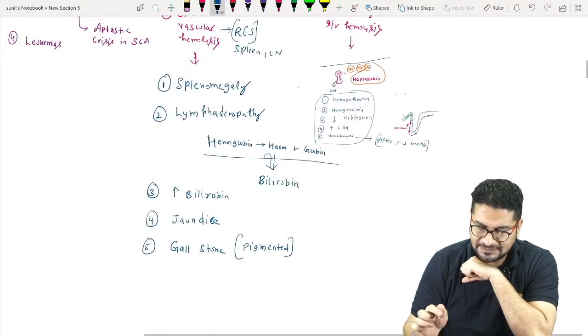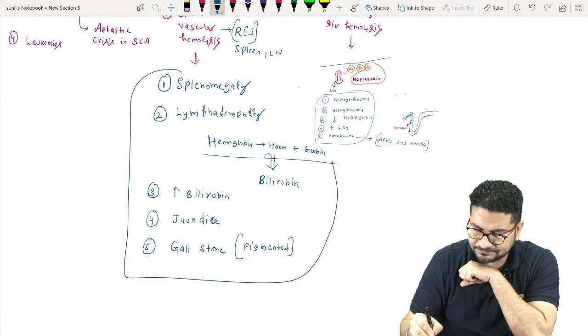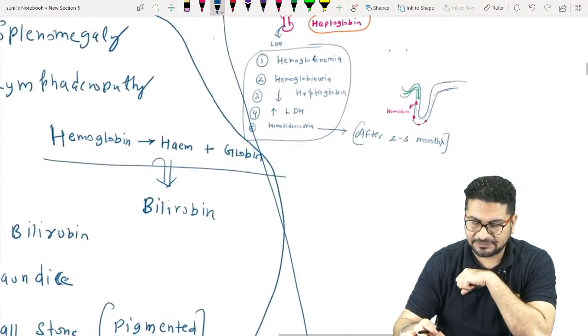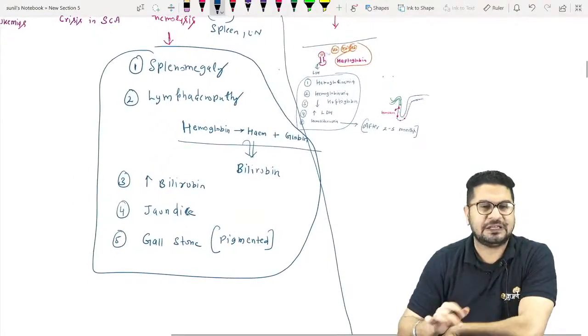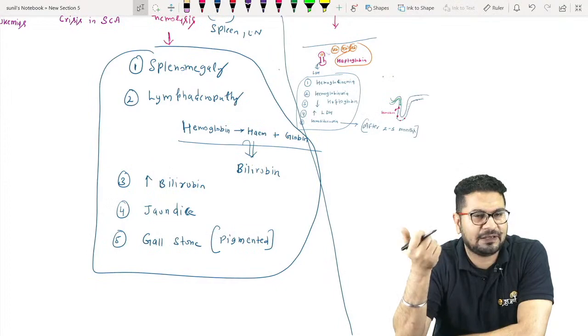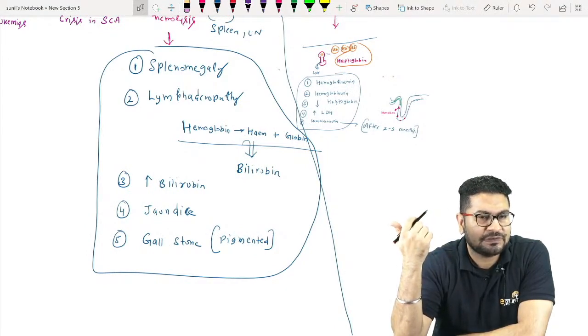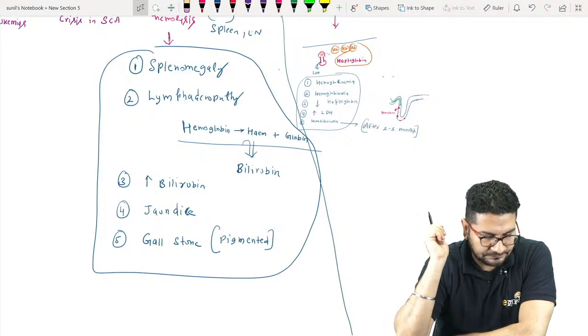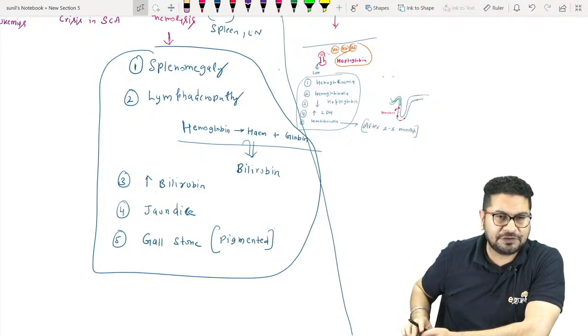So understand, guys, I told you 5 features of extravascular hemolysis and 5 features of intravascular hemolysis. If it is extravascular hemolysis, what will you see? You will see splenomegaly, lymphadenopathy, hyperbilirubinemia, jaundice and gallstone. In intravascular hemolysis, what will you see?